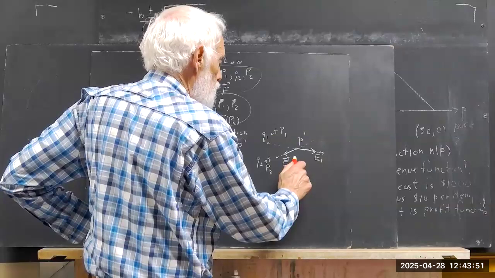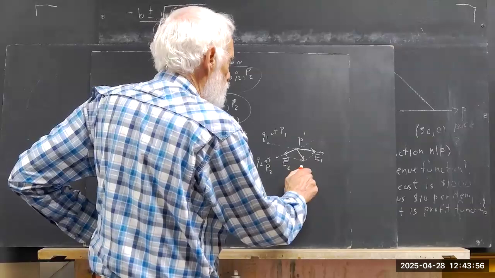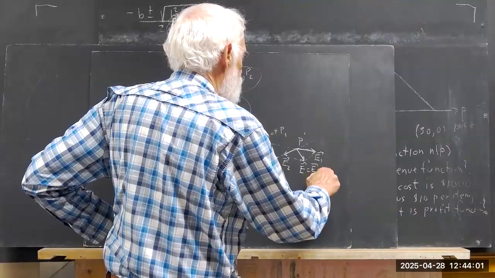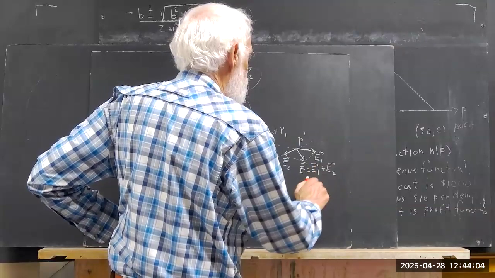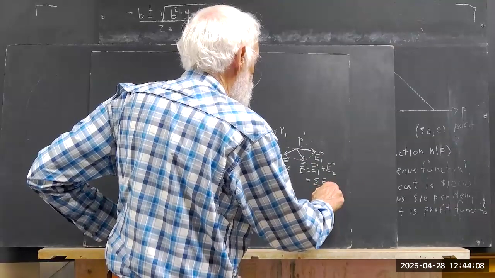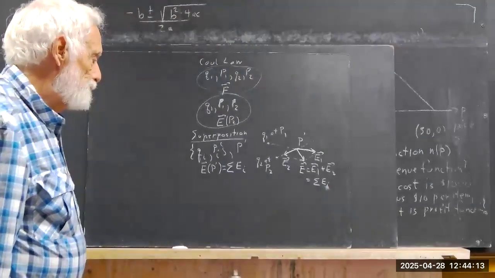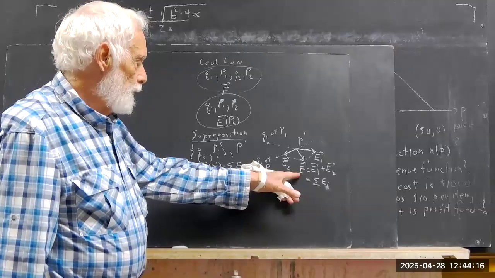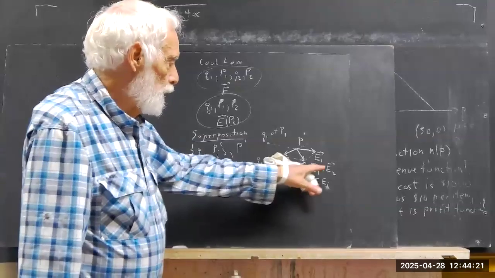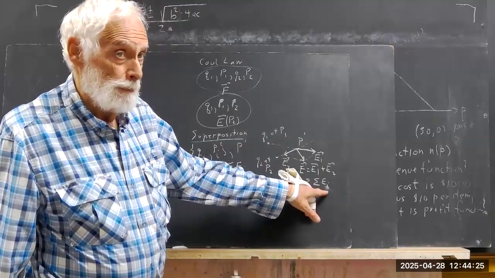Now we do this little parallelogram, and see that the resultant field at P prime is E1 plus E2. And I represent that as a sum of Ei.